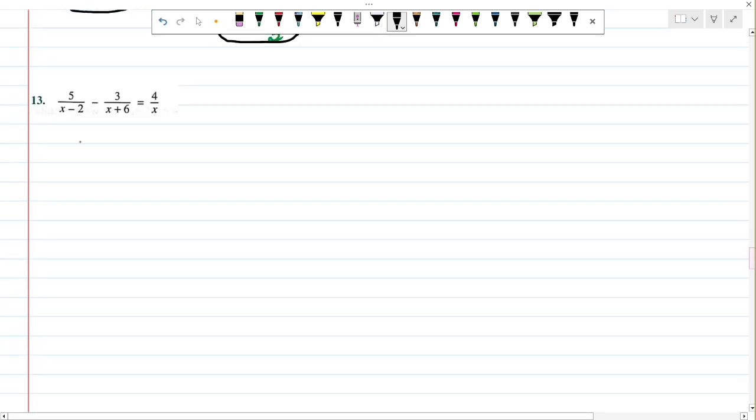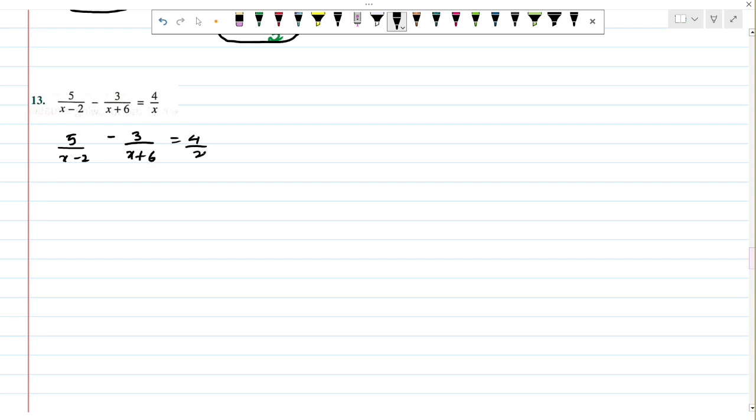First we will write the question here. 5 divided by x minus 2 minus 3 divided by x plus 6, which is equal to 4 divided by x. So again I'll take the LCM, x minus 2 into x plus 6. So here x minus 2 is present, so I'll simply multiply with x plus 6, and here x plus 6 is present, so I'll multiply it with x minus 2.